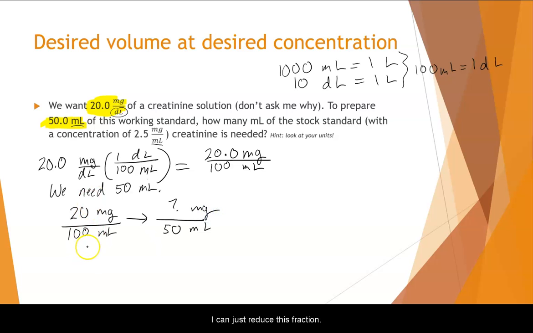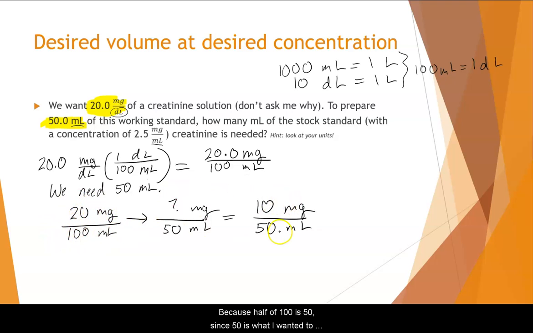Well, I can just reduce this fraction by a factor of 2 over 2. And so this ends up becoming 10 milligrams over 50 milliliters. And how I did that was I just looked at half of 20 is 10, because half of 100 is 50. Since 50 is what I wanted to end up in the denominator, that's how I knew to reduce both by 1/2.